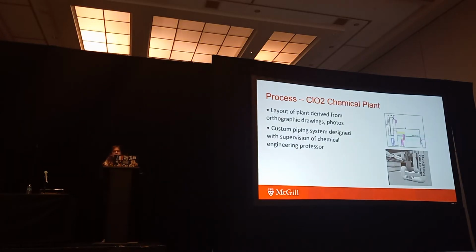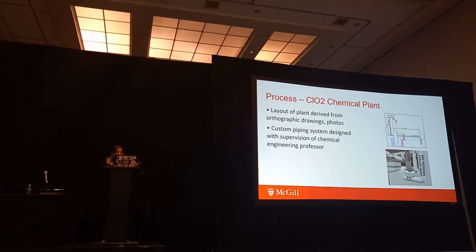For the ClO2 chemical plant, I had not visited anyone specific, but the professor that I worked with, Dr. Peters, had access to orthographic and detailed 3D drawings of the entire inner workings of a chemical plant, and the models created in Autodesk Maya that were ported into Unity were created based off these orthographic drawings. Custom piping systems were also designed with the supervision of this professor in order to show the flow of how one of these chemical plants works.